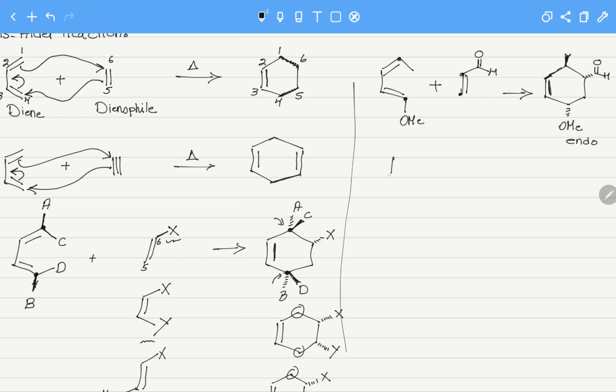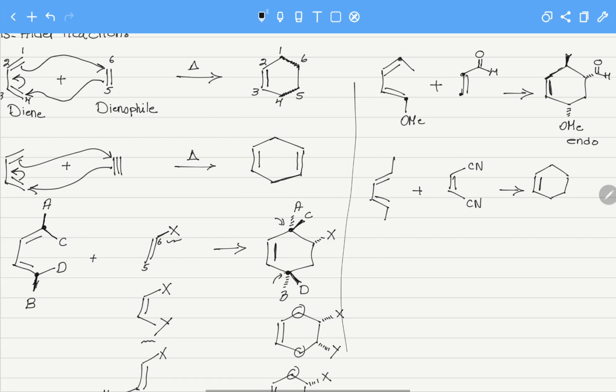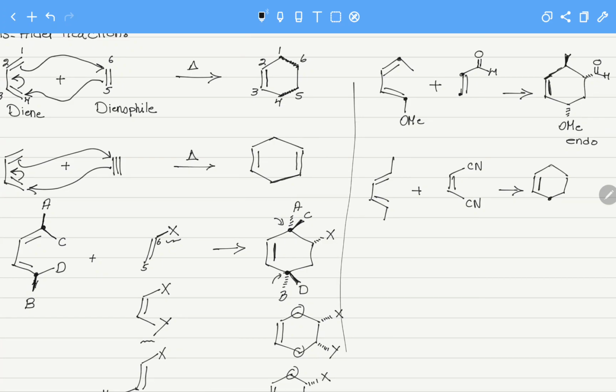Another example, let's say we were given this diene plus this dienophile. So step 1, draw the 6-membered ring. Make sure to put the double bond here. Those are the terminal diene carbons.